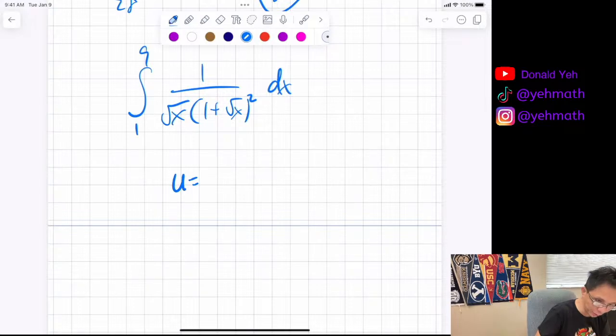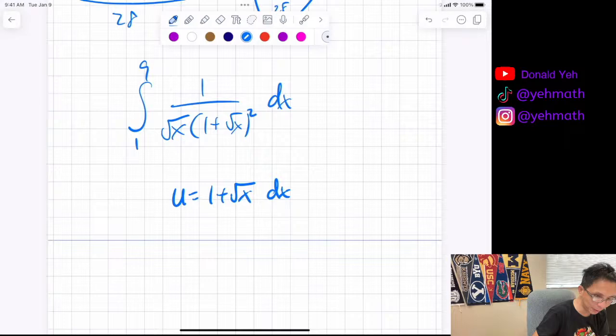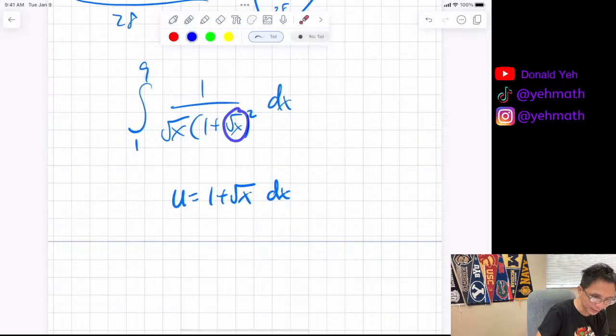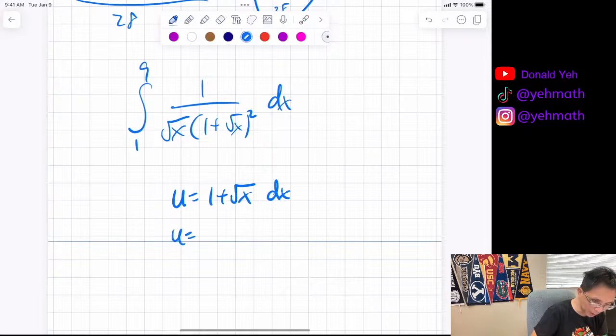Okay, u equals 1 plus square root of x dx. Now, if you realize that this is 1 degree less outside, if you think about it, right? This one's u equals 1 plus x to the 1/2.